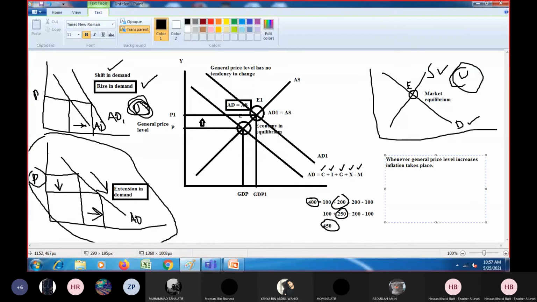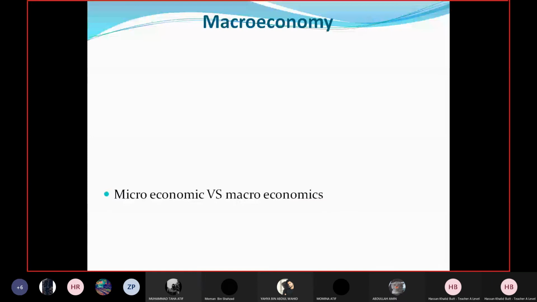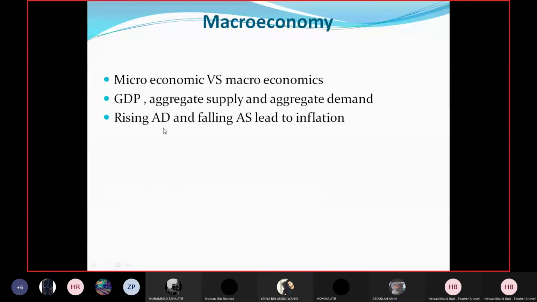Remember. Now if you see the slide back, you can understand. Rising AD, a rise in demand, leads to inflation. Right now, just forget about falling AS because we have not discussed it. Just think about rising AD.